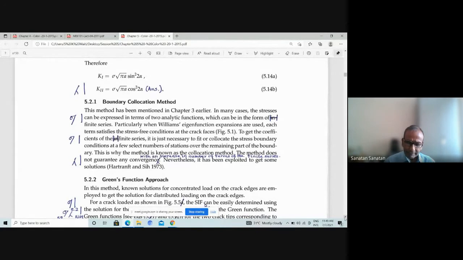So now the question is, how do you get the stresses at any location within the body which have infinite series? In that case, it is necessary to evaluate the constants which give the expression for stress functions.